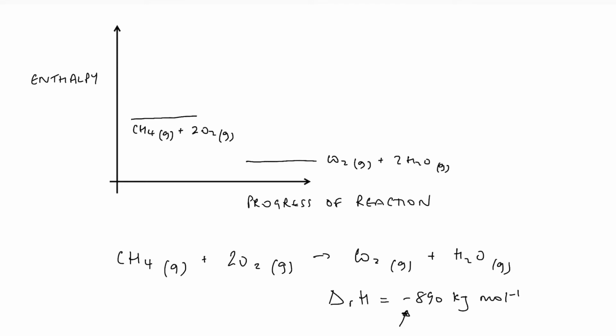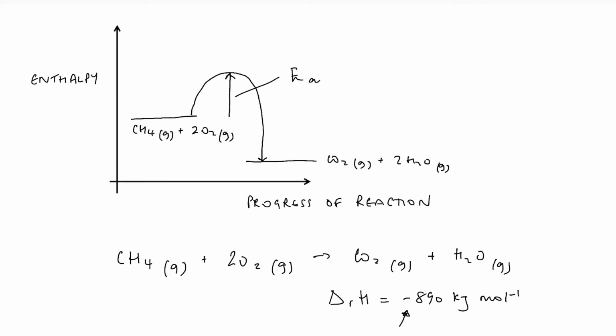Now, methane doesn't just turn itself into carbon dioxide and water in the presence of oxygen. We have to light the gas. We have to provide some activation energy. So we can see that we've got to put energy in to kickstart the reaction. And the amount of energy we put in is the activation energy, or activation enthalpy, so EA.